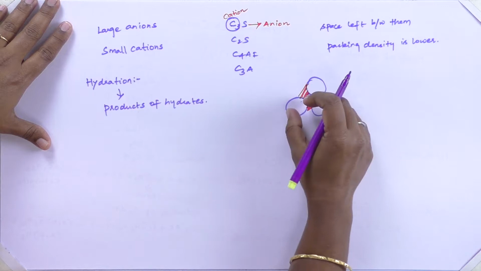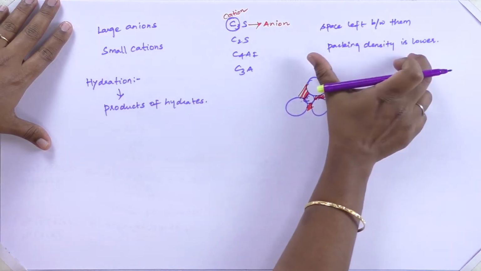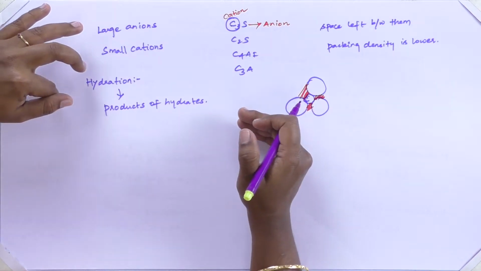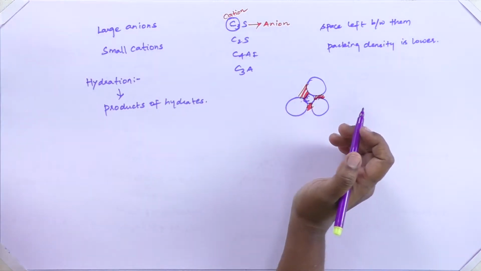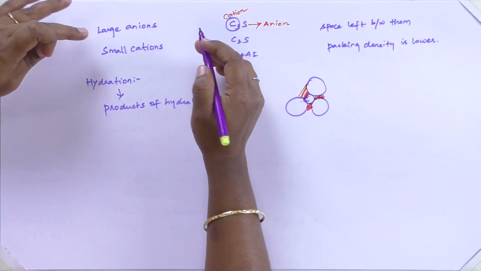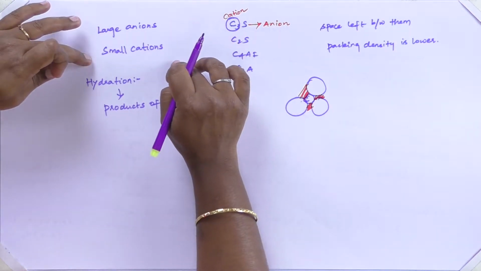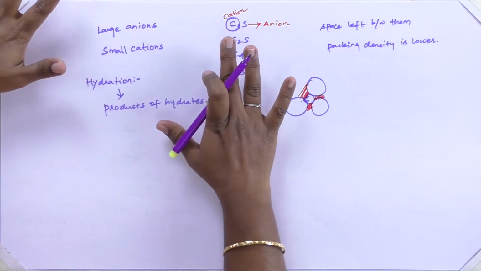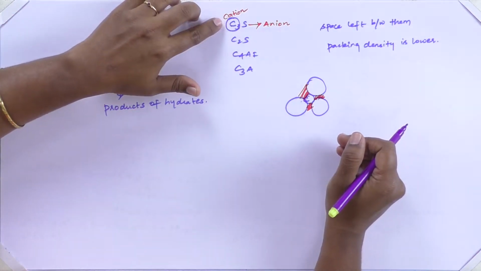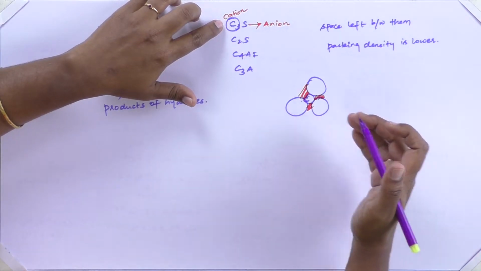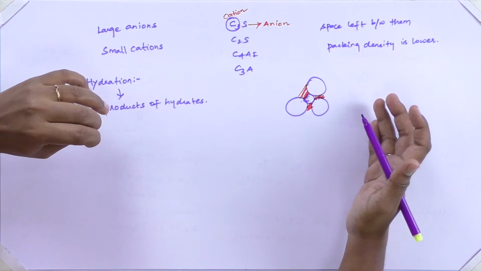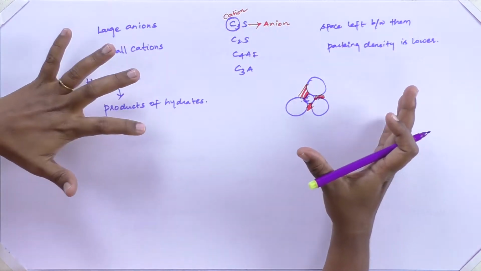To fill up these spaces and achieve this packing density, it readily reacts with water. So once again, all cement minerals have a large anion and small cations. This is a general common feature in all cement minerals, and that's the reason why these cement minerals readily react with water. That is why we call it hydration.